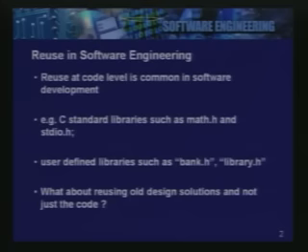For example, C standard libraries such as math.h, stdio.h, GUIs in Java, or even user defined libraries such as bank.h, library.h. You are developing banking software or library software, you might design some of those classes and implement them as readily available implementations and use them in your code.